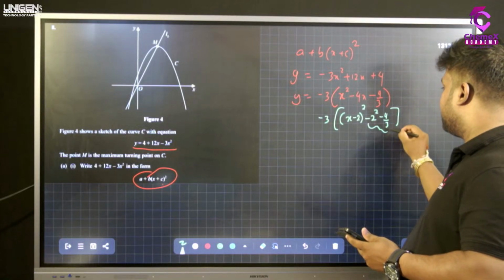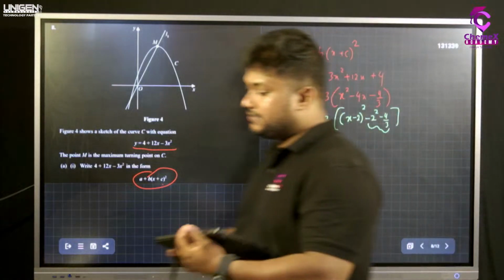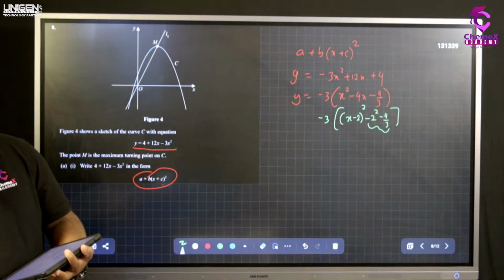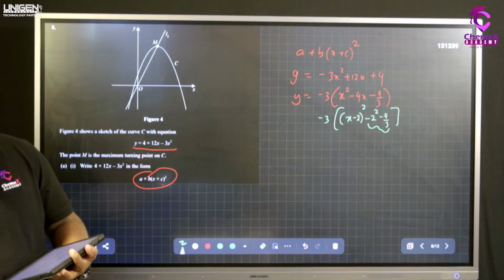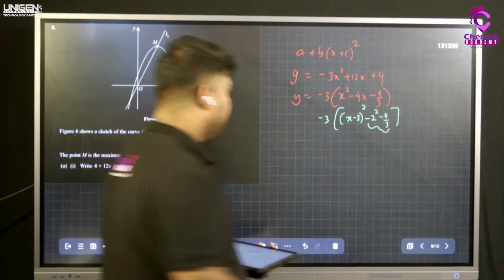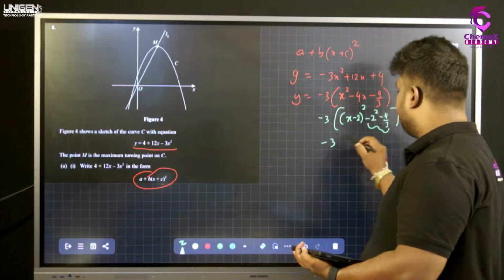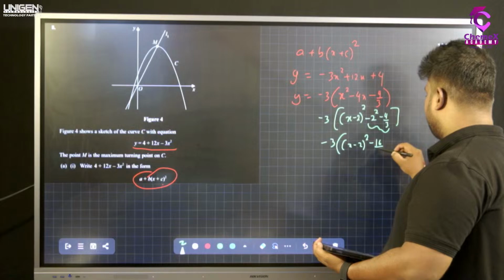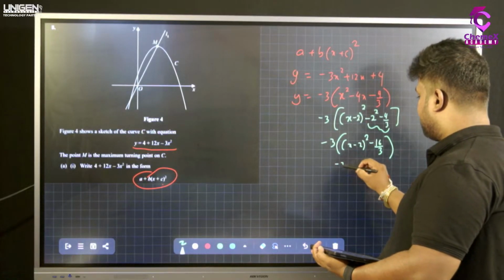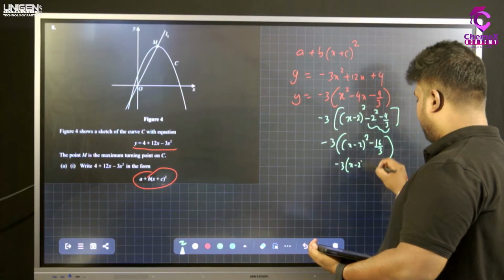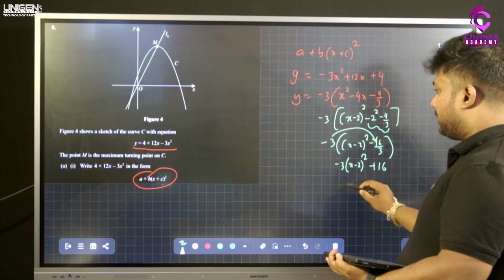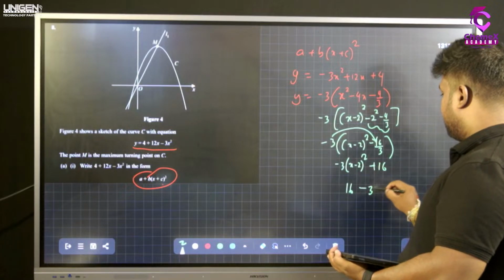Then get the answer of this part. Minus 4 over 3 is how much? Minus 16 over 3, no? Then expand it. Minus 3, I don't expand the square. Plus 16. So you can write it in the format they ask.